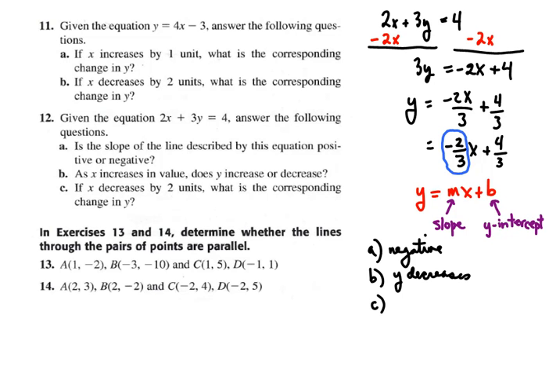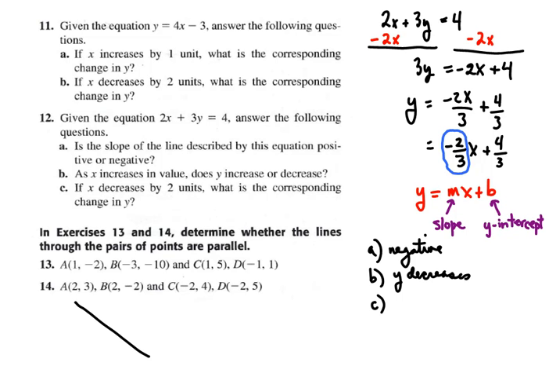For part C, it says if x decreases by 2 units, what is the corresponding change in y? So if x increases, y goes down, kind of like the line that I have drawn on the left and the bottom there. As x goes to the right, y goes down. Well, what happens if x goes to the left?